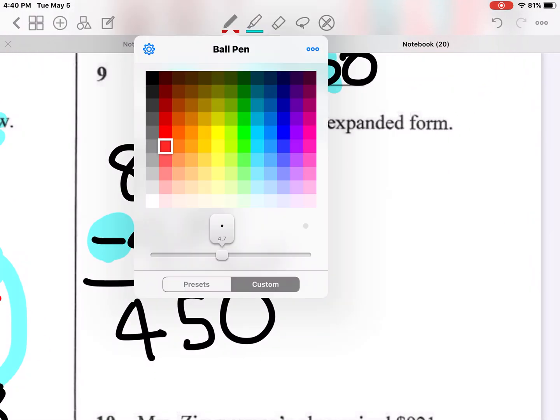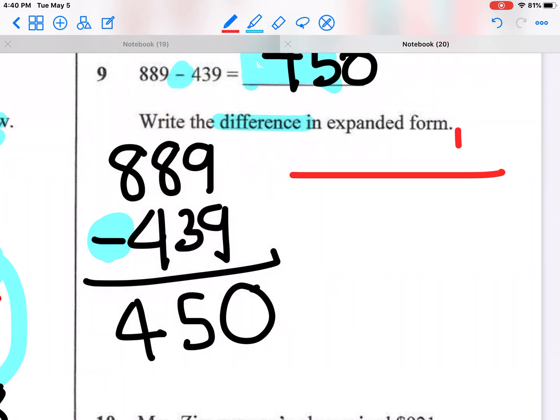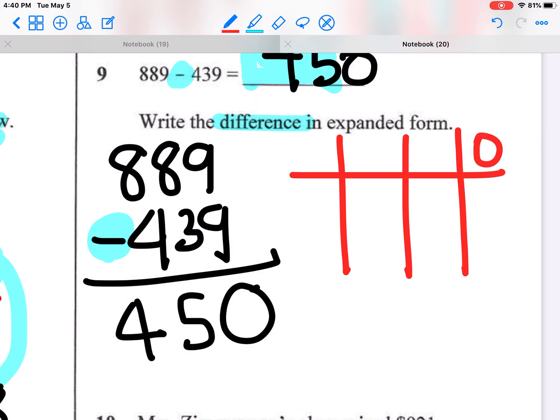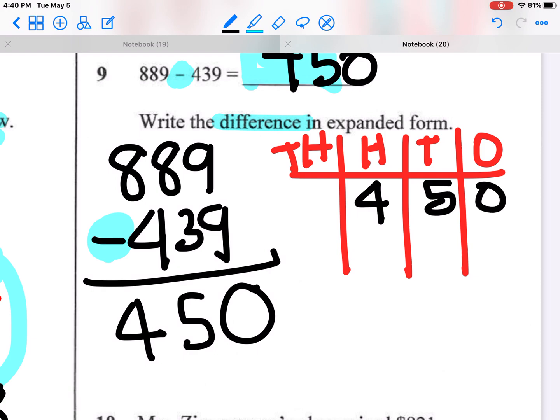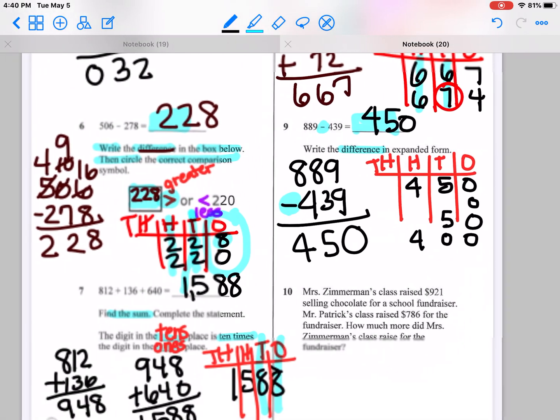I have to create a place value chart. Ones, tens, hundreds, thousands. 450, which means that I have 0 ones, which means that I have 50, which means that I have 400s.